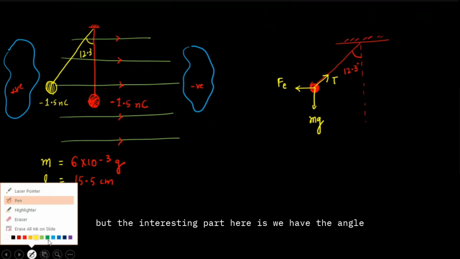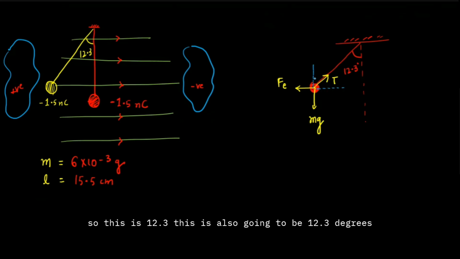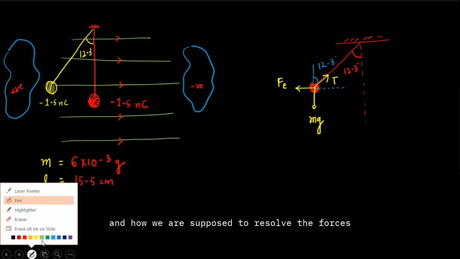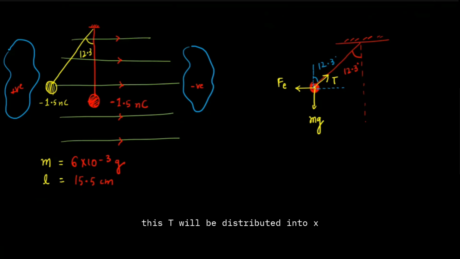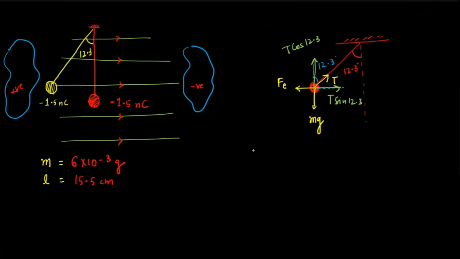But the interesting part here is we have the angle. So with the help of the angle, we can form equations. If this is 12.3, this is also going to be 12.3 degrees. Now again, you need to resolve the forces. How are we supposed to resolve them? T will be distributed into the x and y axes as T cos 12.3 degrees, whereas here it should be T sin 12.3 degrees.